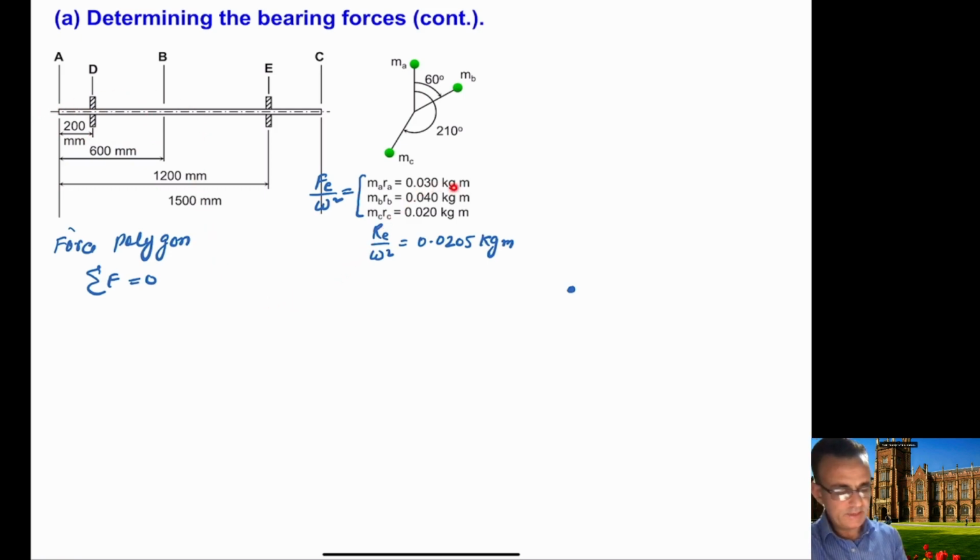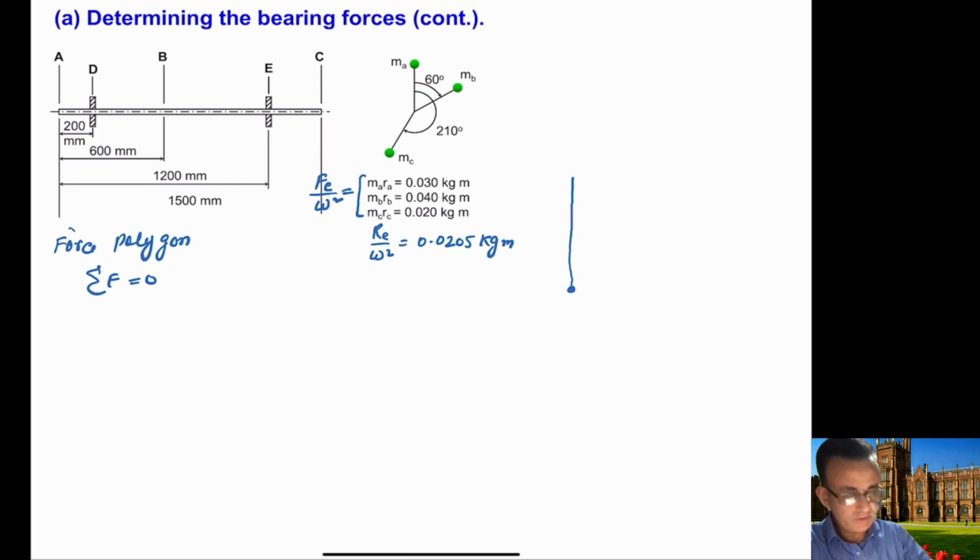So in this case, now you have these four forces. The first one is MARA, and again we are doing everything with respect to omega square, which is equal to 1. So MARA is 0.03. You will draw this using some sort of scale.